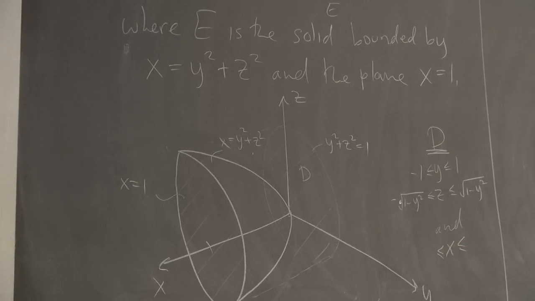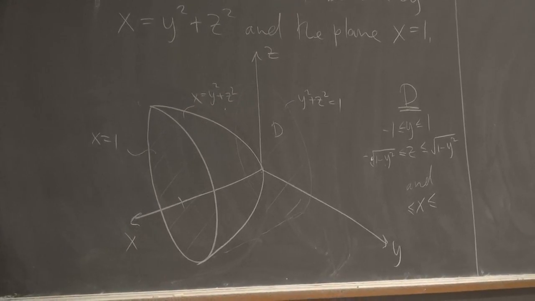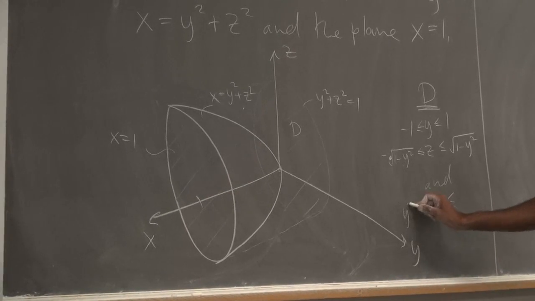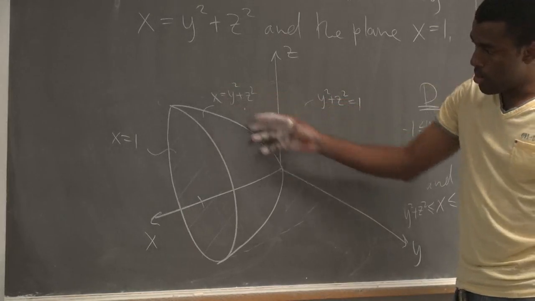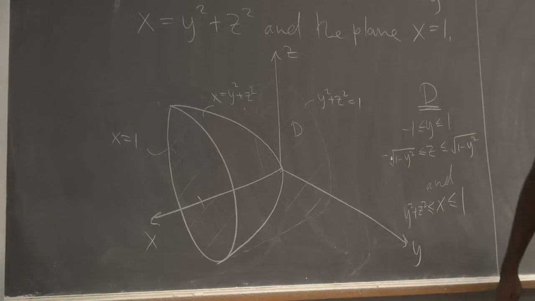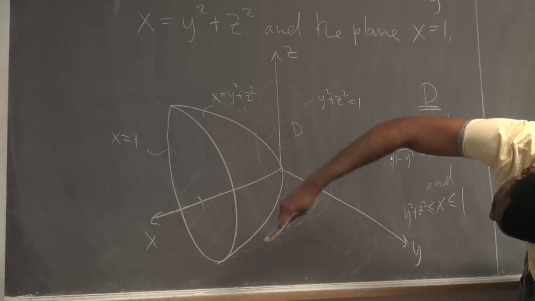And x is going between what and what? It goes from y squared plus z squared up to 1, right? Because this is the bottom part of the solid, that's the top part. Sort of tilt your head so the positive x is going up, 1 is top, and this surface here is the bottom.